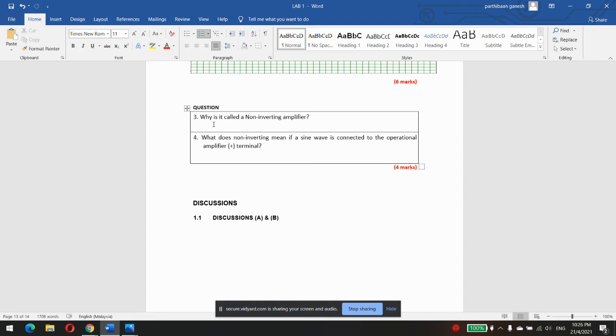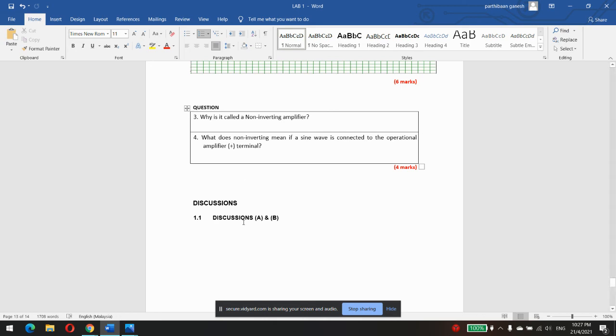What does non-inverting mean if a sine wave is connected to the operational amplifier positive terminal? It means the wave will not change its phase.